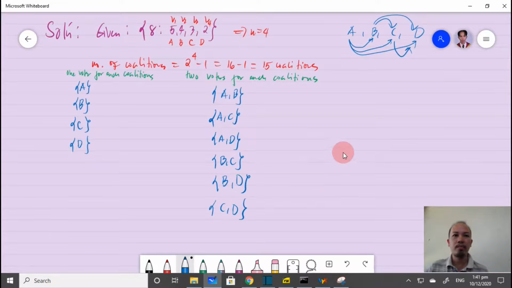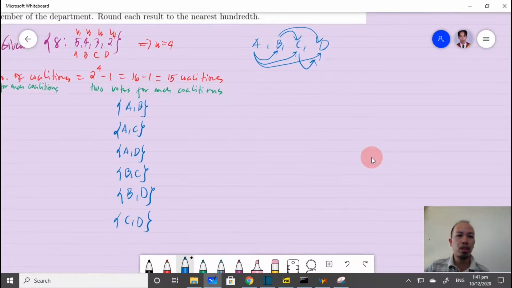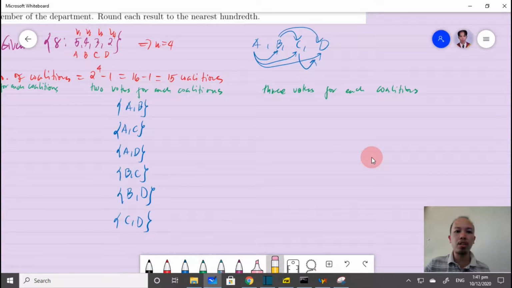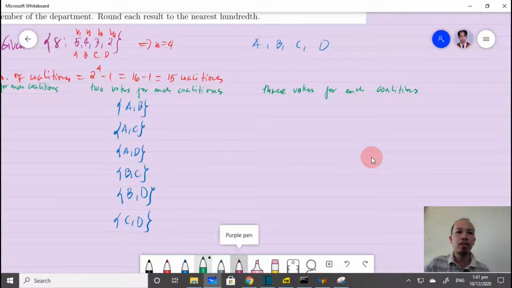So two voters for each coalition, and then we have three voters for each coalition. Each coalition has three voters.